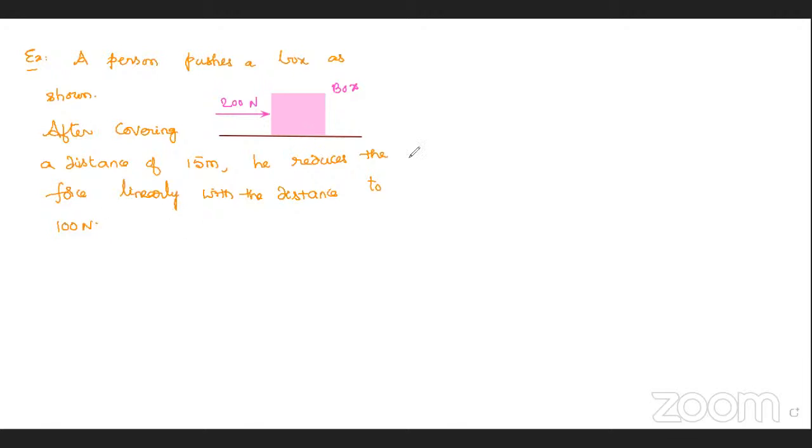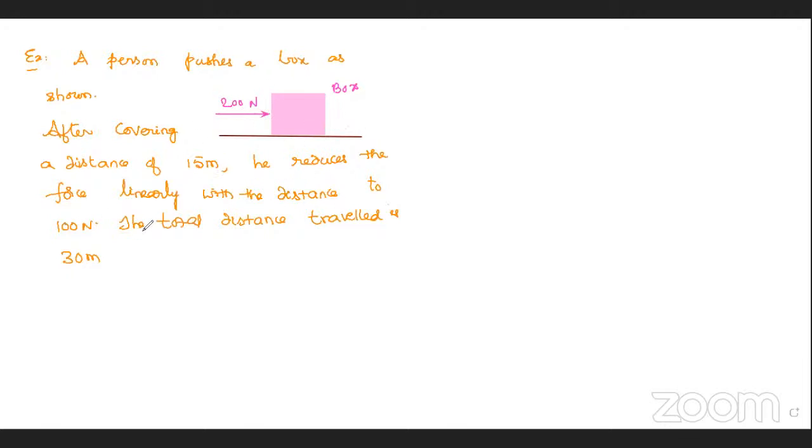So what is the total distance traveled? Already traveled 15. The total distance traveled, he said, is 30 meters. Means further it traveled 15 meters. First 15 meters, constant force.